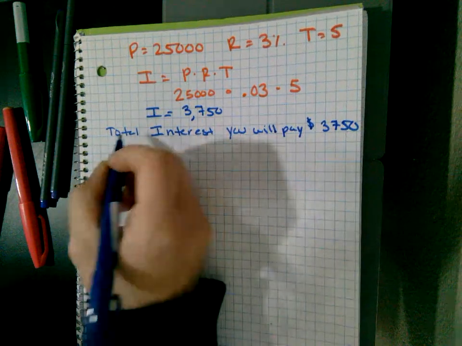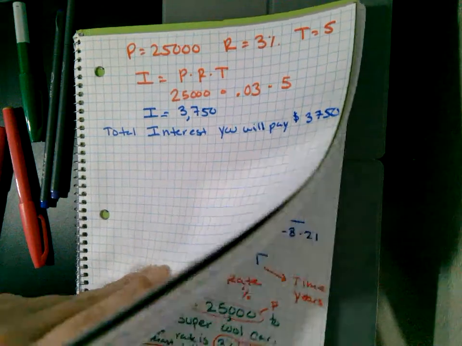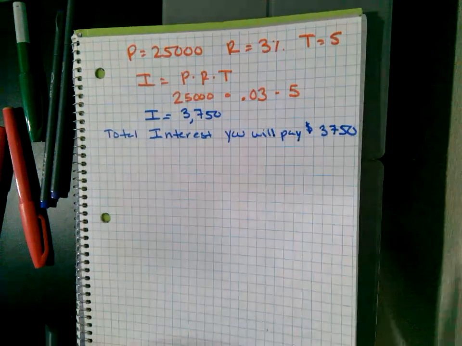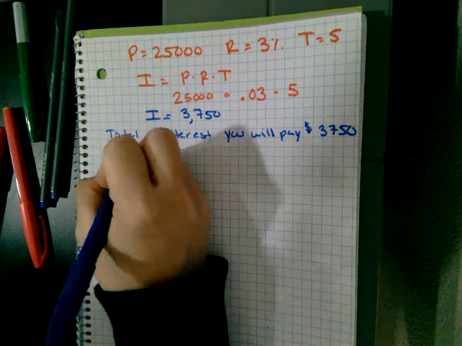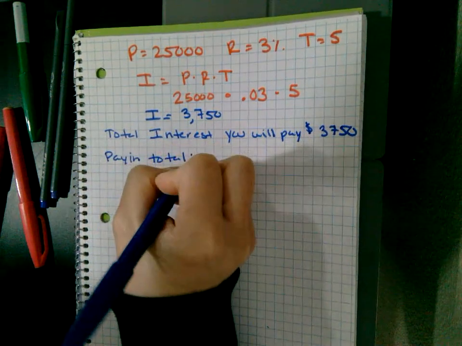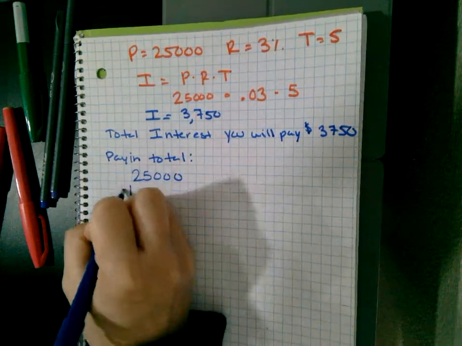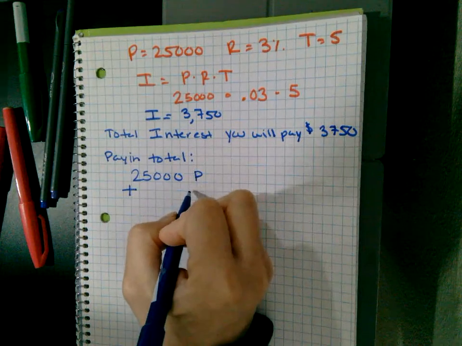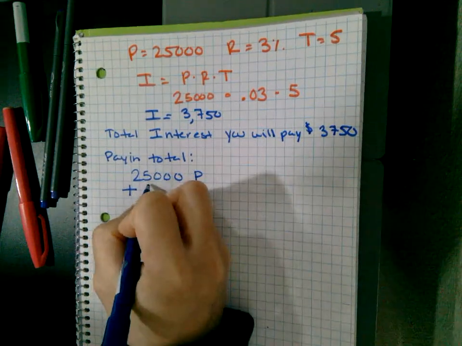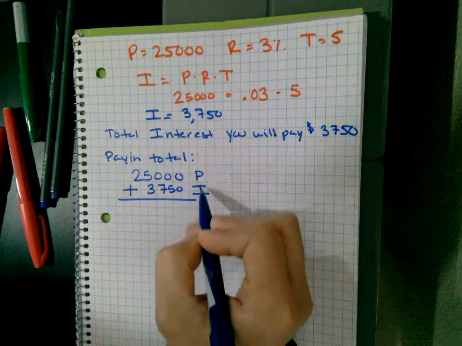So what does the question say again? How much will I pay in total? So you will pay in total. Well, I took out 25,000 and I'm going to add, so this is my principal plus my interest. So I'm going to add 3,750 to my principal.